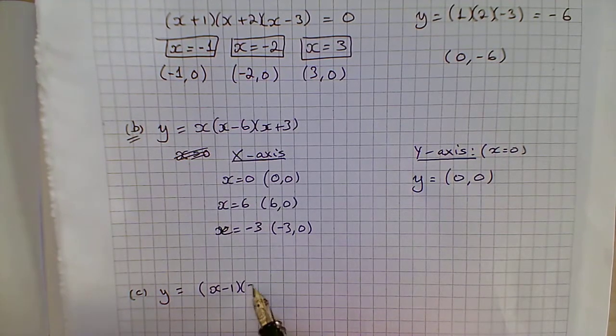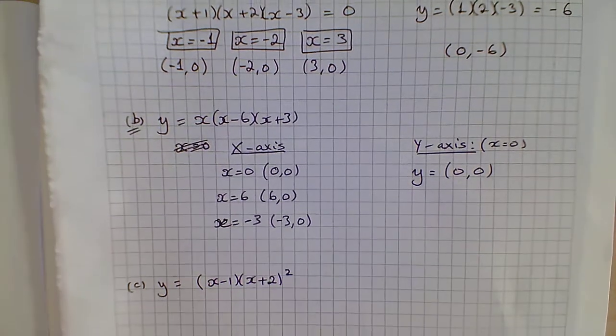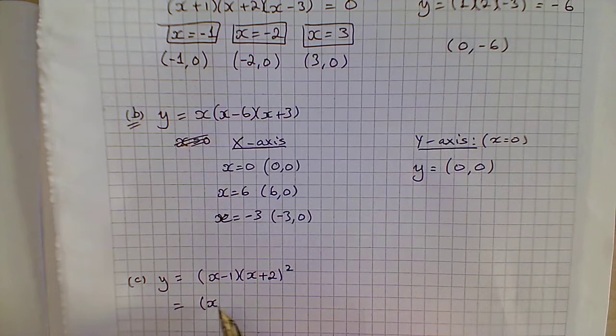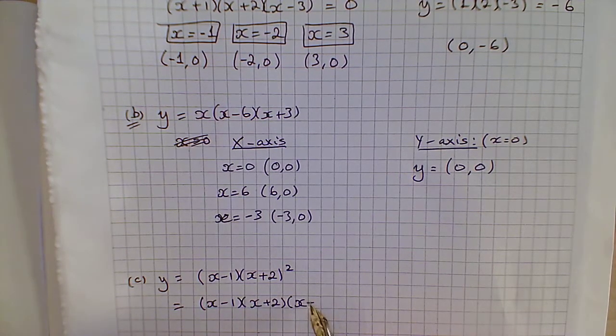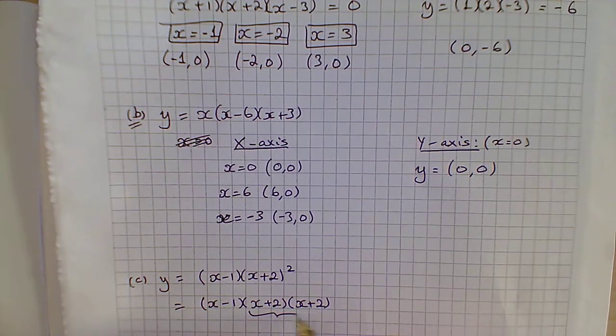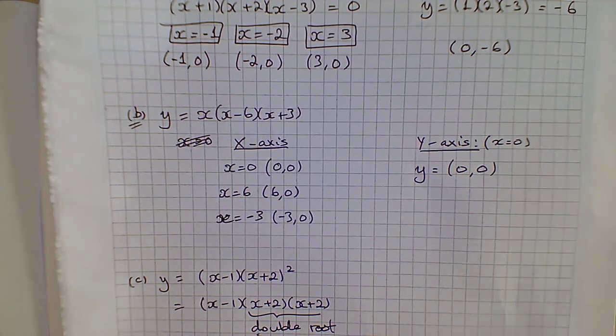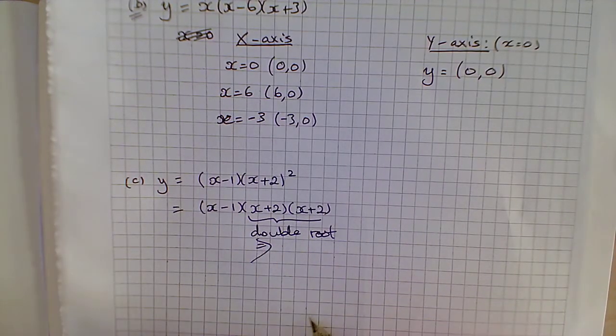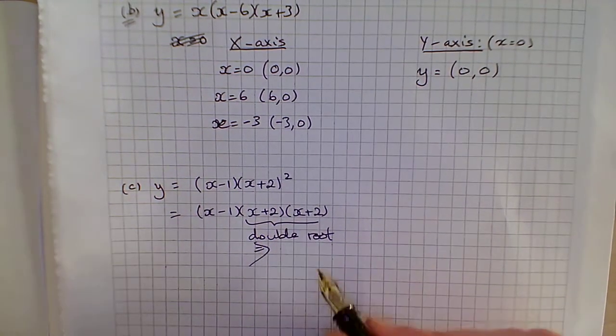Now, the third function we're asked about is this one. And when we have a squared factor like this, what that means is that we have a double root. And a double root means it touches the x-axis. So we learned that when we did quadratics, and when the discriminant was equal to 0, we got a single value for solving the quadratic equation, and that's what's happening here.